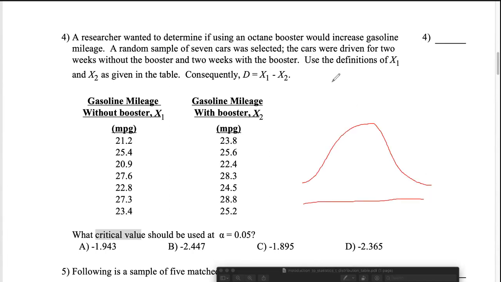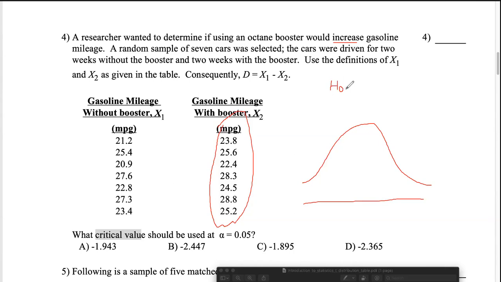Symmetric T table. When we write down H0 here, if you remember, this is a difference, X1 minus X2. So when they say increase, increase means what? Using the booster, this number is going to be higher. So in other words, all those numbers here should be higher than this number here overall. They are trying to see if that's the case.